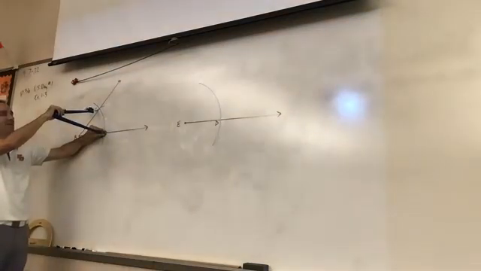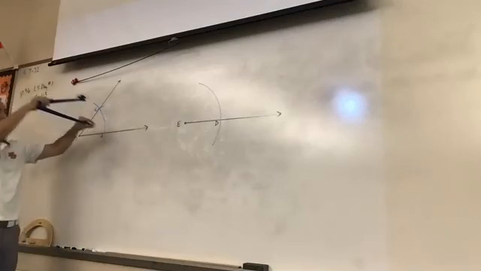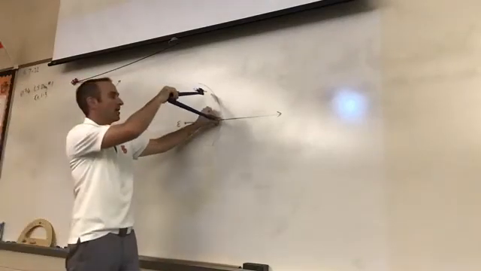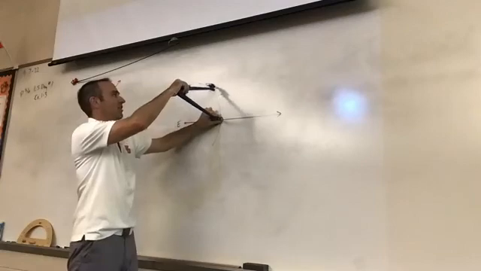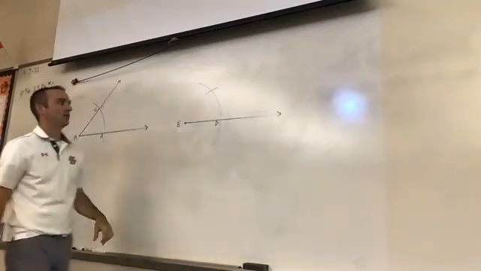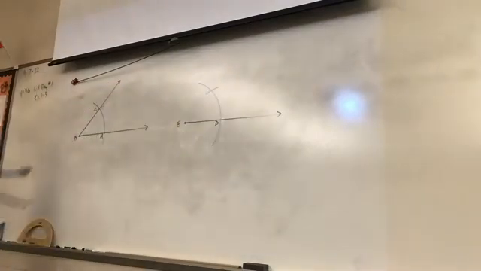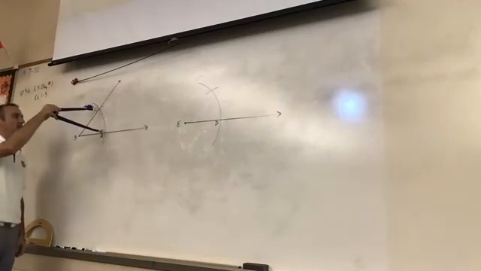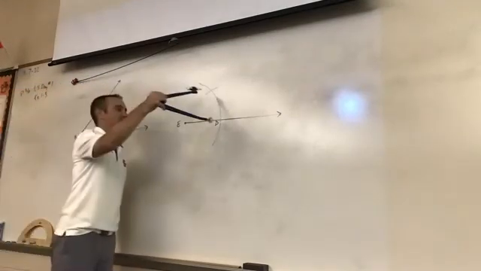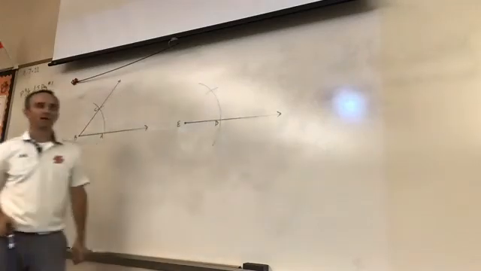I'm going to keep that same size, point on D, and then draw that arc so it crosses the one that's already there.